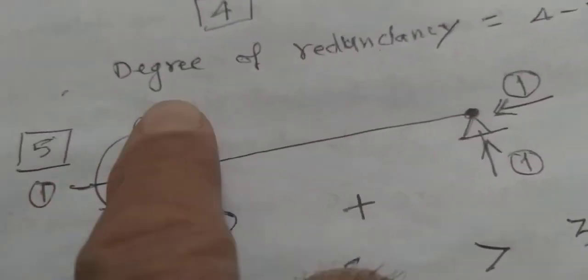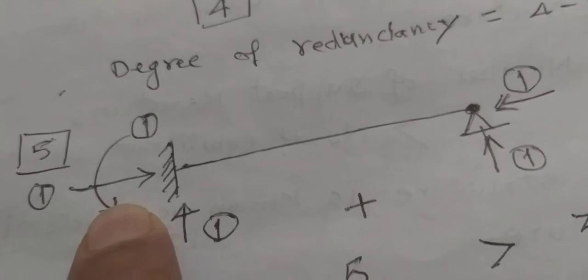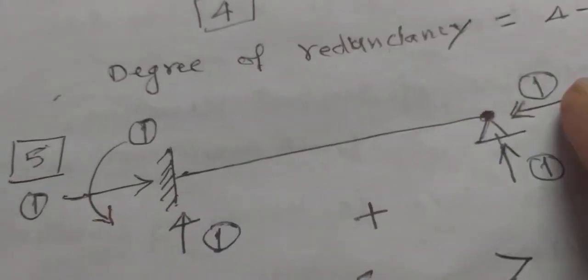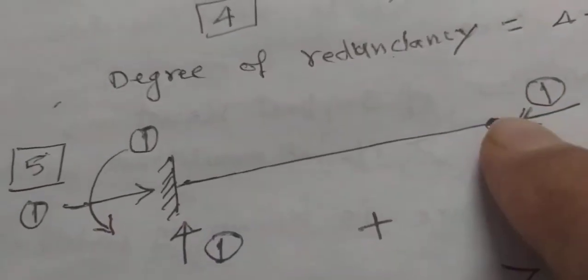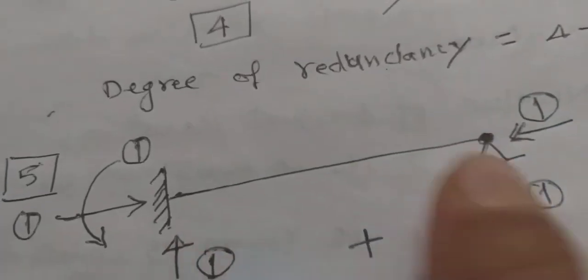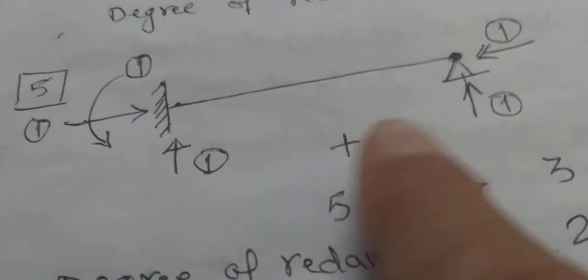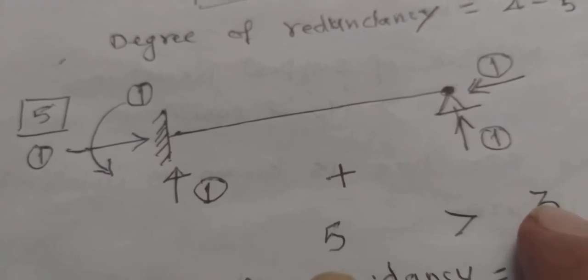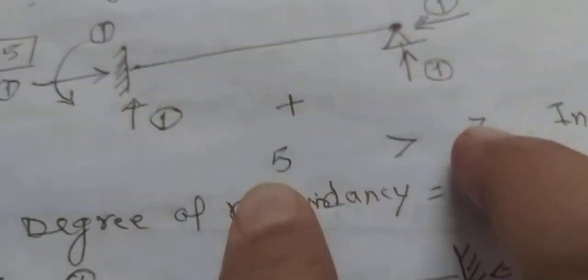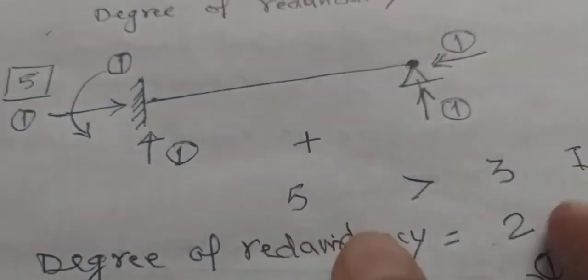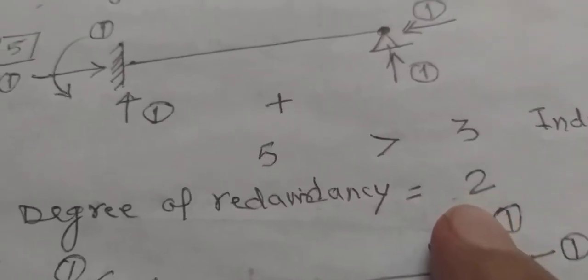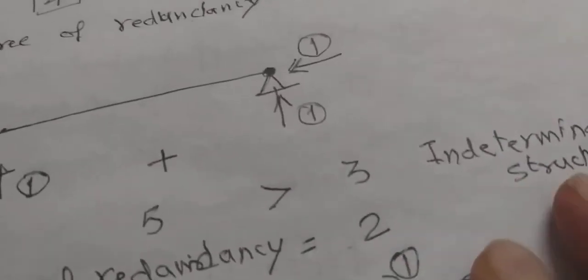One, vertical, horizontal and moment. Hinge, there are 2 reactions, one vertical, other horizontal. Total reaction, it is sum of the 2, that is 5. Equilibrium conditions are 3. So 5 is greater than 3 by 2 numbers, hence it is indeterminate for the 2 degrees.